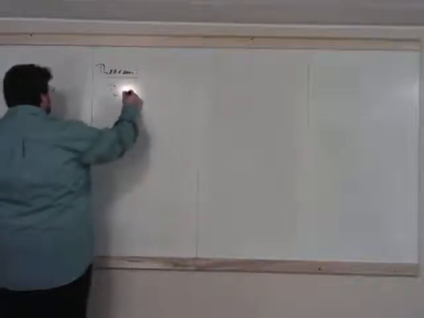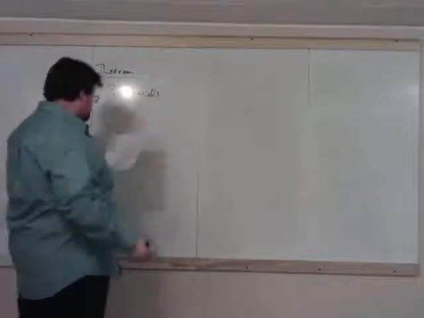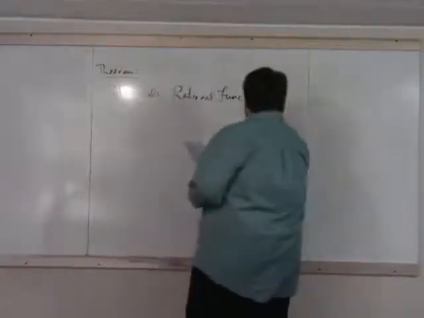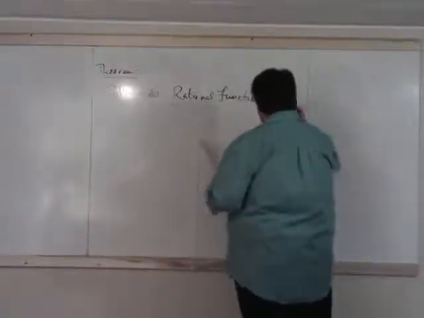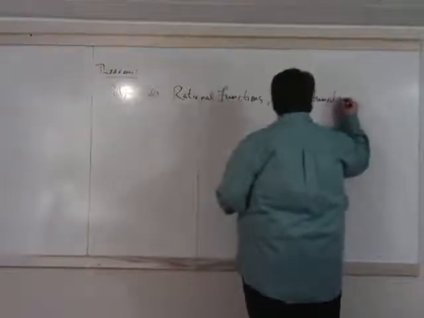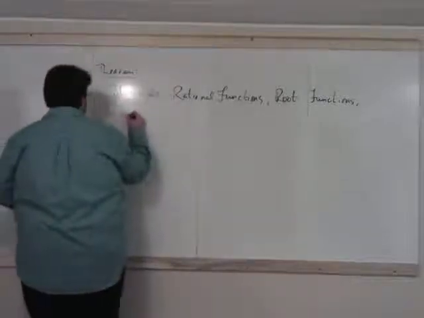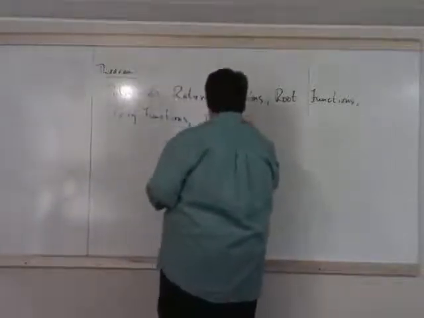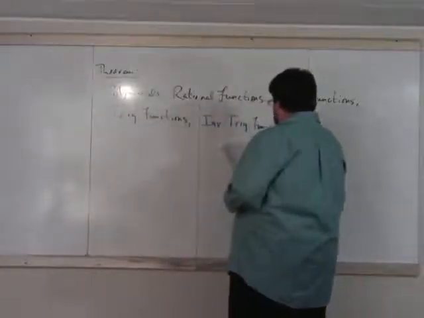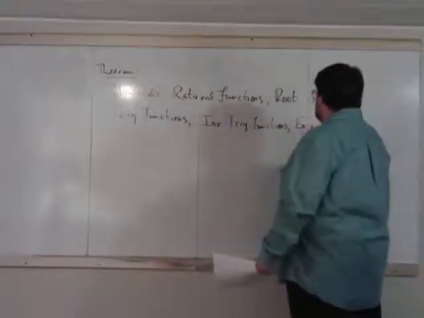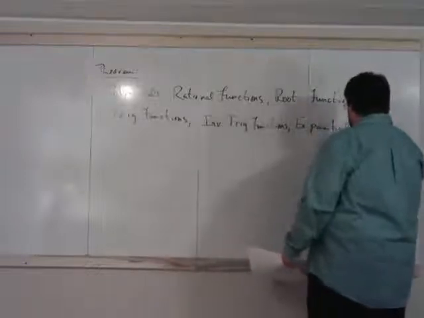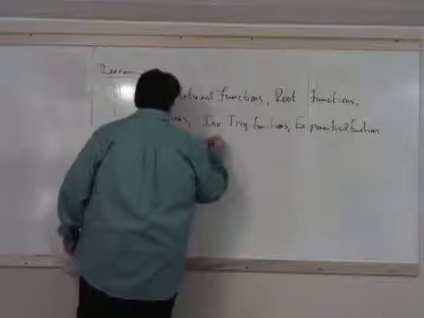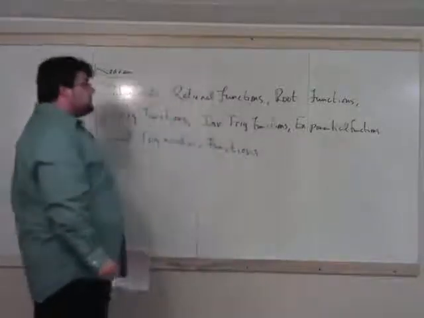Theorem: polynomials, like x squared plus 2x plus 3; rational functions, so fractions of polynomials; root functions; trig functions; inverse trig functions; exponential functions; and logarithmic functions are all continuous on their domains.